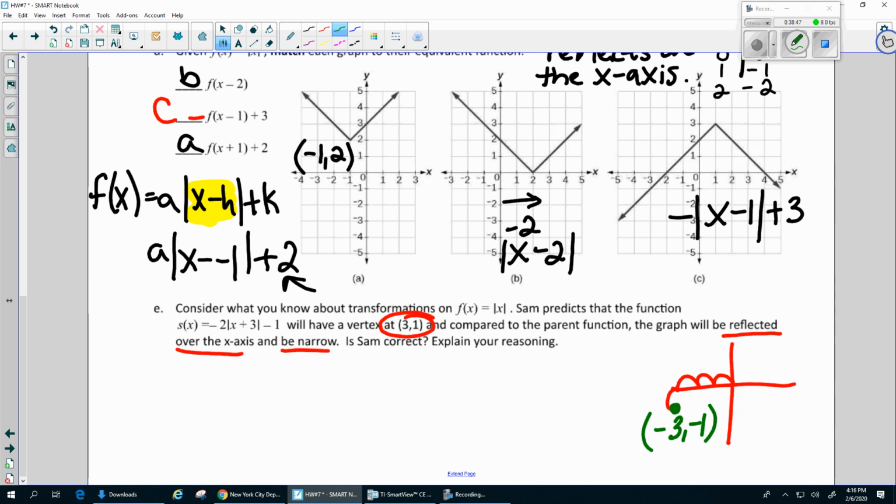Will my graph reflect over the x-axis? Yes, because I have a negative sign here. And the absolute value of negative 2 is 2, and 2 is greater than 1, so that means that my graph will narrow.